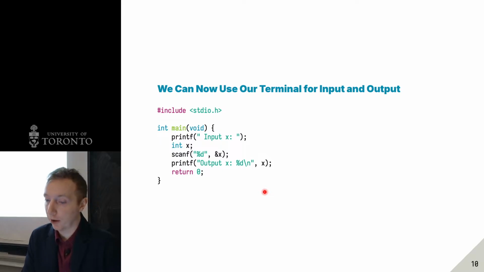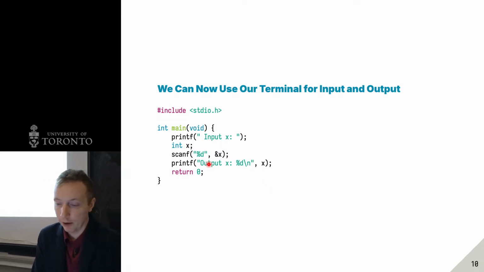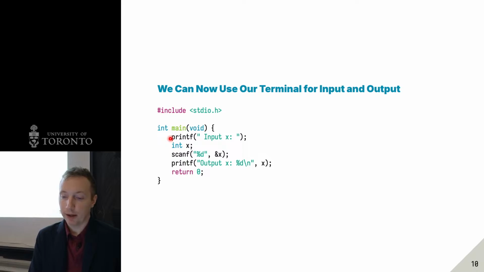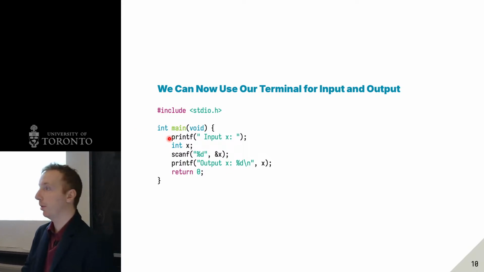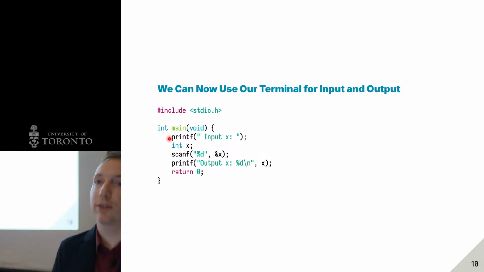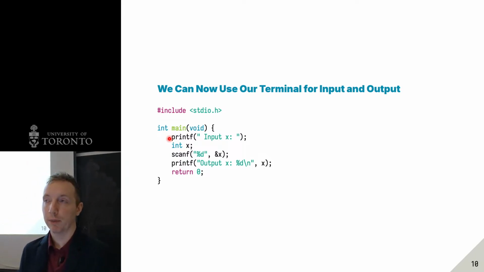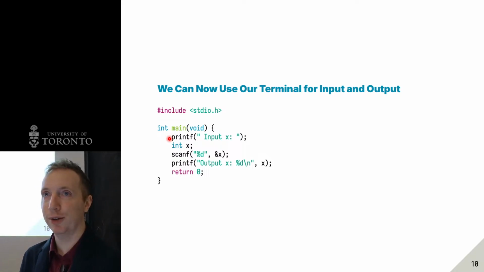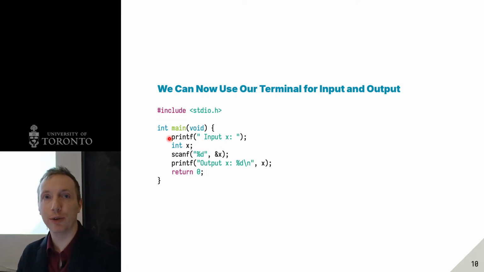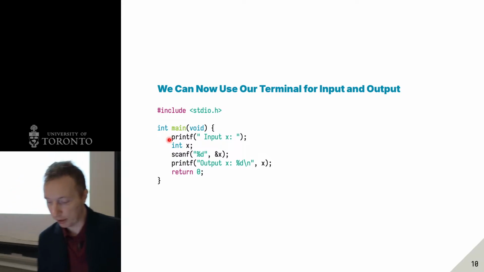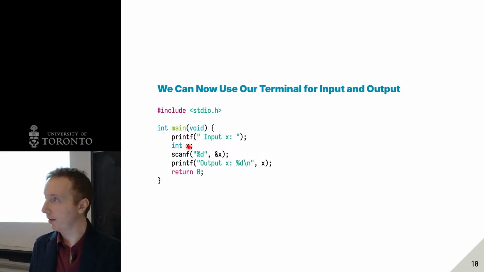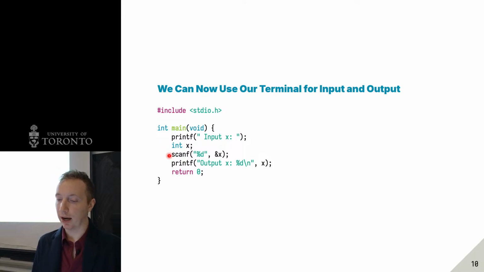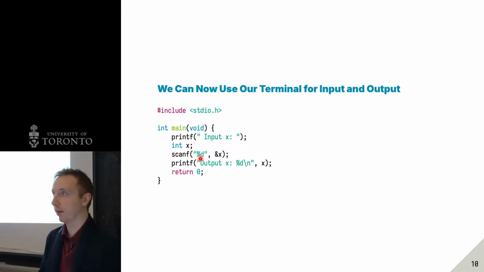Now I can use our terminal for input and output. I can do something like this, where I say printf. printf is output to the user. Usually if you want some input from the user, it's a good idea to tell the user what you would like them to enter. So here I do a printf that says input x as a number. Then I declare a variable called x, and then I can use scanf. The way scanf works is like printf.